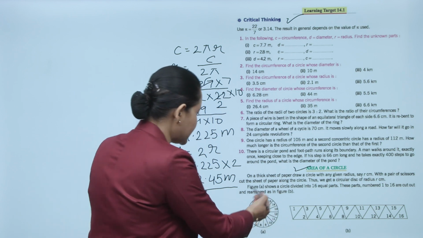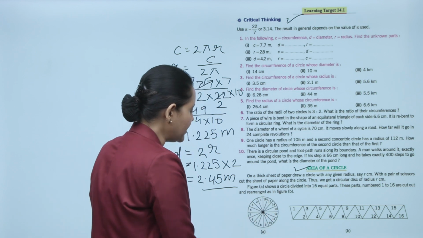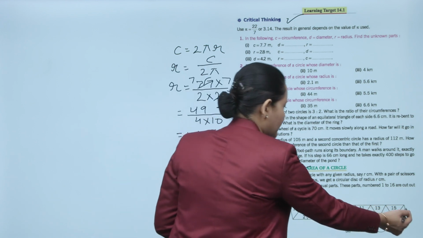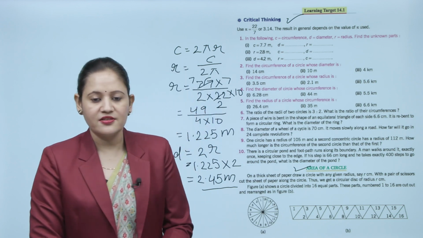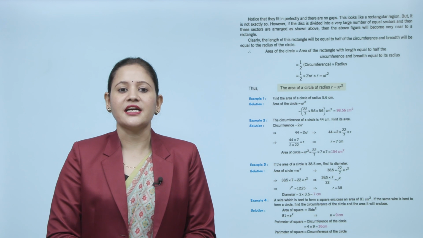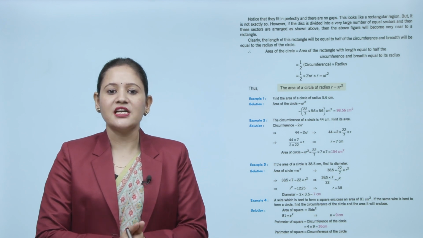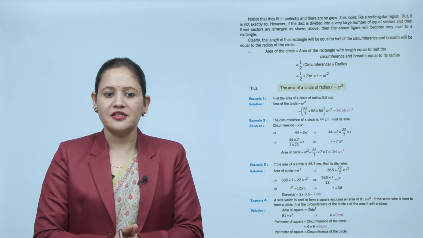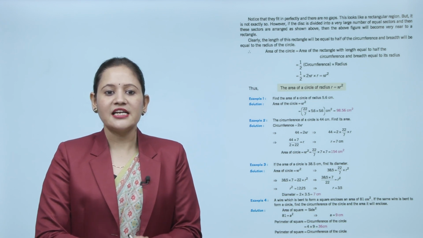So this circle is divided into 16 equal parts, and then we cut these parts and arrange them like this, like a rectangle. Notice that they fit in perfectly and there are no gaps. This looks like a rectangular region, but it is not exactly so.